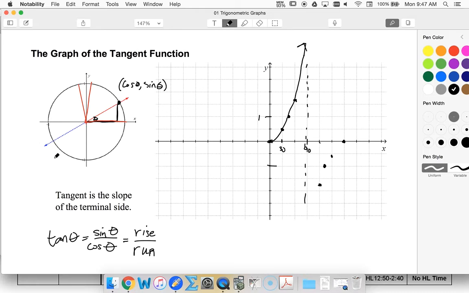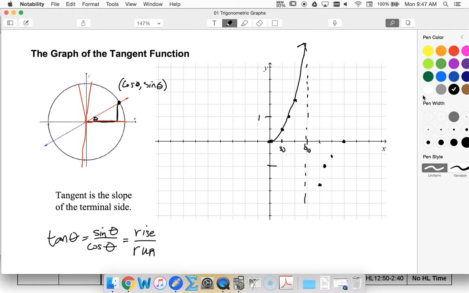Now we know as we get into quadrant 3, tangent is positive again. That's because this slope is positive. And we're going to keep being positive and more positive, getting steeper and steeper as we come down until we hit 270 degrees, when our slope is infinite again.